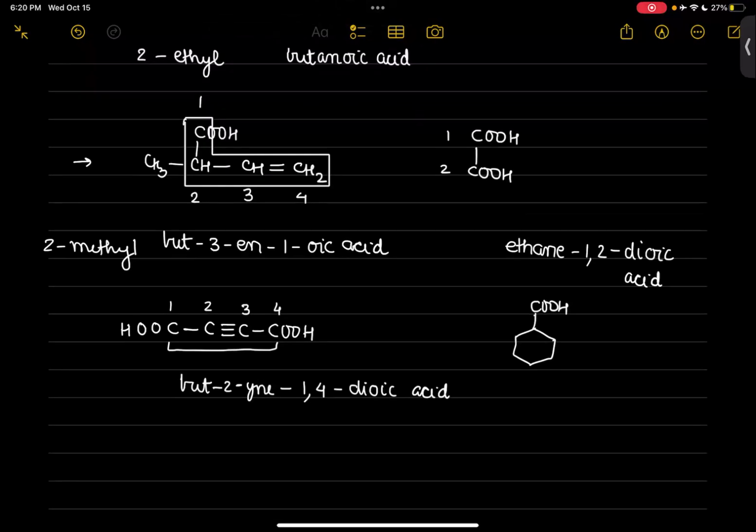Select the parent chain, the circle, which is connected to the principal functional group. Yes, this is the parent chain.